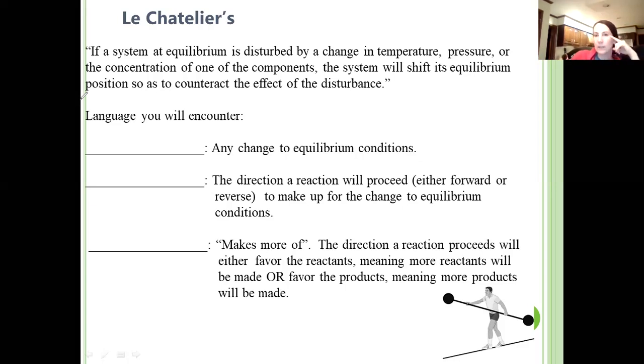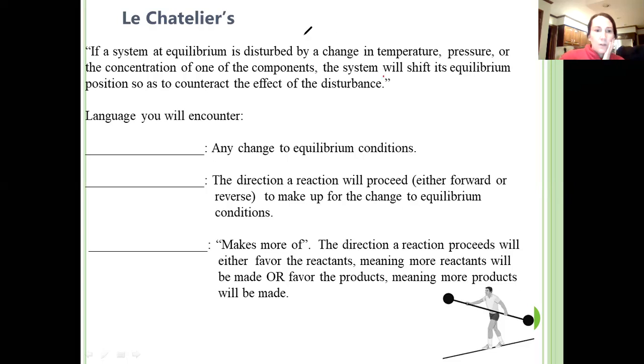Basically, if you are a man or woman walking on a tightrope and you're balancing and the wind blows from one direction, you have to shift in the other direction to counteract that stress. So that's basically what this whole topic is, but it tends to be really wordy and confusing. So we'll just do our best.